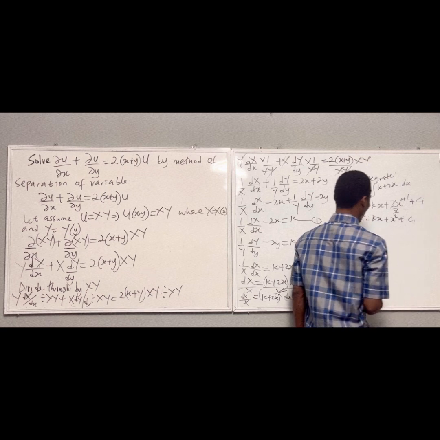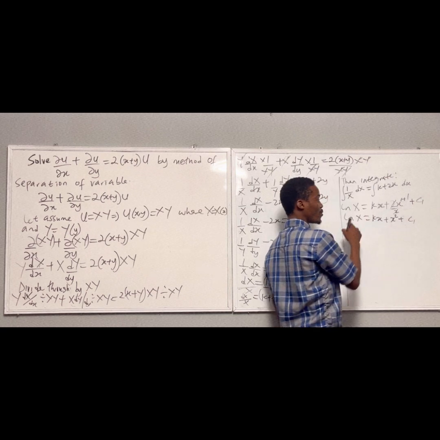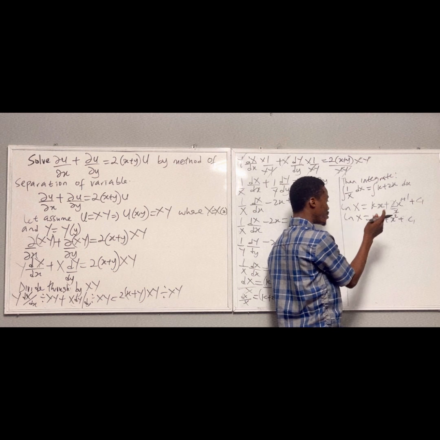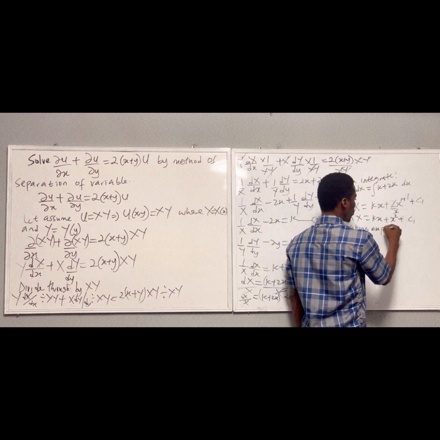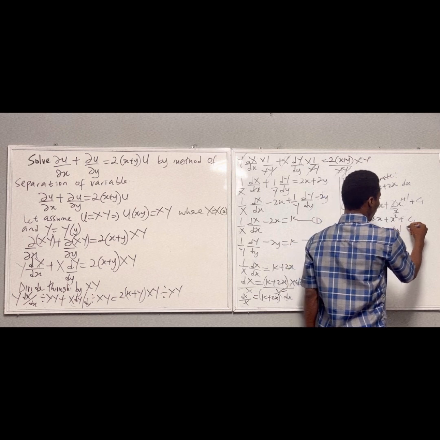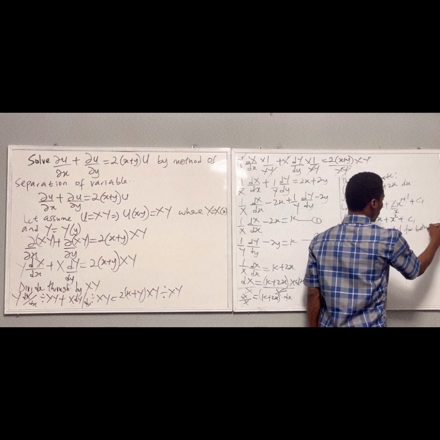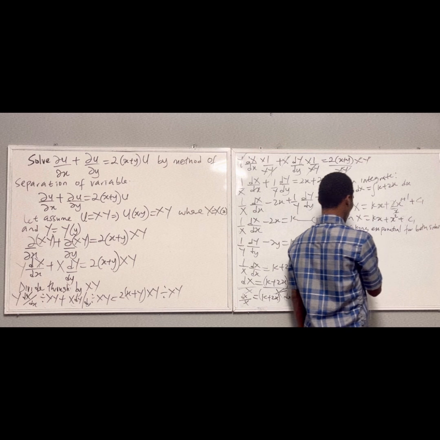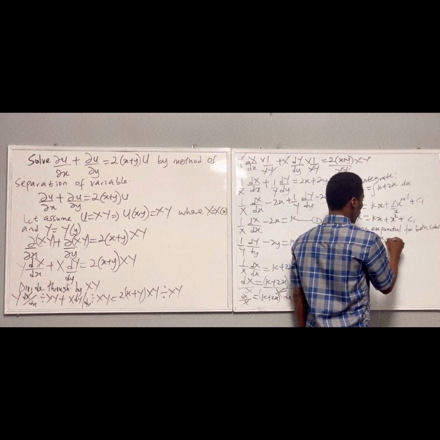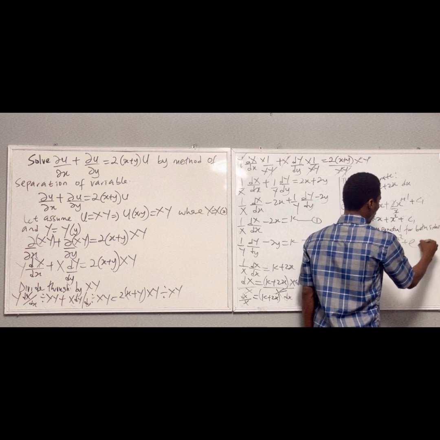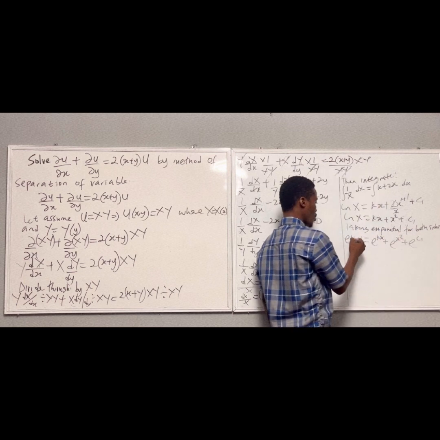So let's say our constant is c1. I want to get the value for x, so I have to eliminate this ln by taking exponential on both sides. So I'm going to have exponential ln x is equal to exponential kx plus x squared plus c1. So from here, this will cancel.